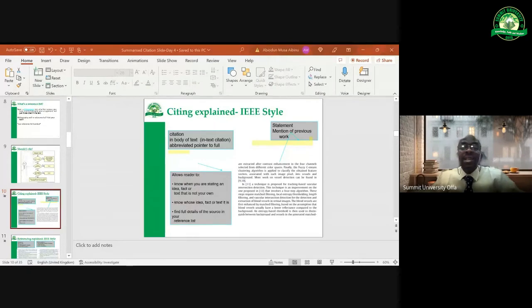Yeah, Quillbot is very, very good. But mine is this one. I normally advise my students to avoid it until they master the act of paraphrasing themselves. Because if not, they may be citing a work that they have little or no understanding about. So Quillbot is very good, there's no doubt about that. But I normally advise that at the beginning of our career, let us learn how to do it manually.